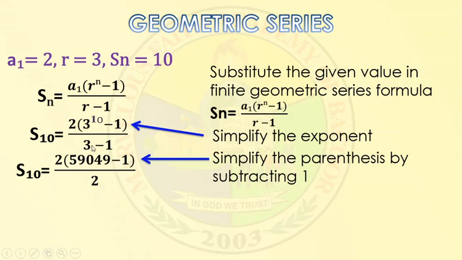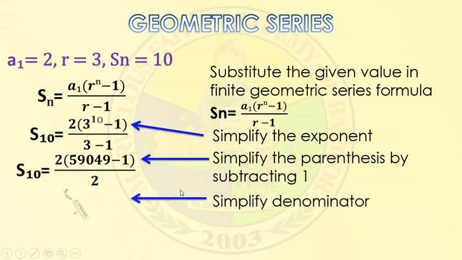Paano siya naging 2? Sinubtract na natin si 3 minus 1. Okay? Then next, kapag isusubtract natin yan, magkakaroon tayo ng sagot na 2 quantity 59,048 over 2, kasi sinubtract na natin si 1. Kung mapapansin ninyo, pwede na nating isimplify si 2 na numerator at si 2 na denominator kasi pareho naman sila.